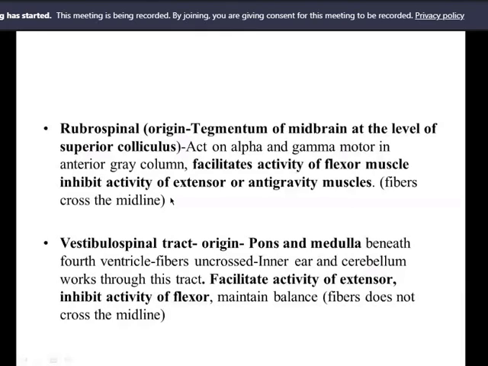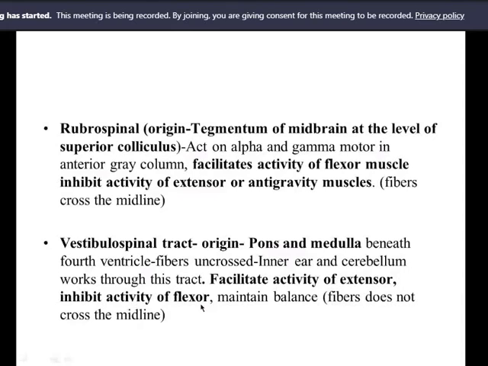At that time, do we bend and see whether it is coming from the floor, or do we bend ourselves backward and see far away where it is coming from? So vestibulospinal is for backward bending, facilitates the activity of extensor muscle, and inhibits the activity of flexor muscle.